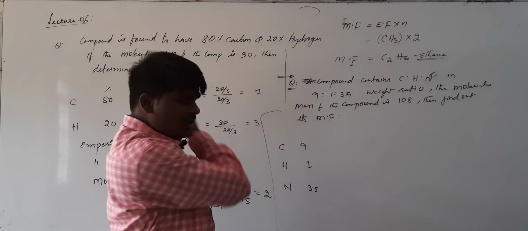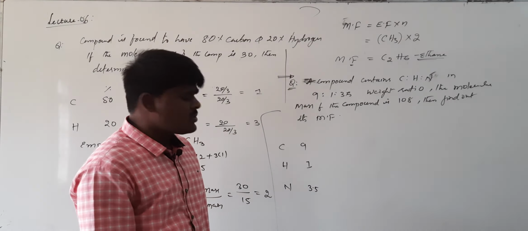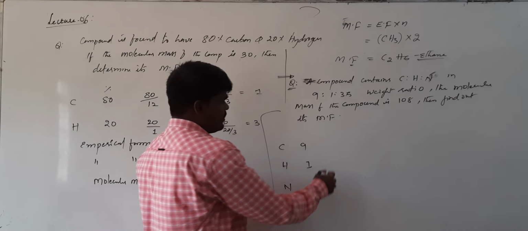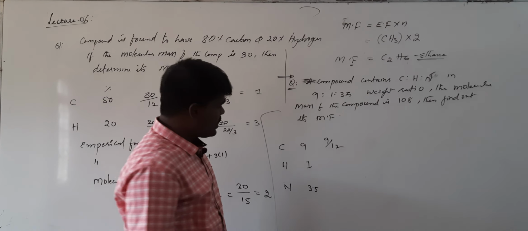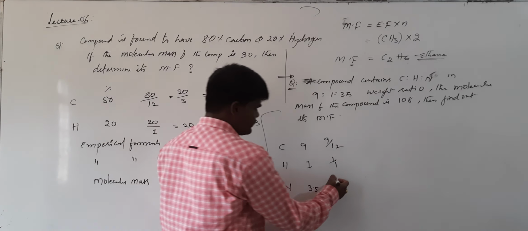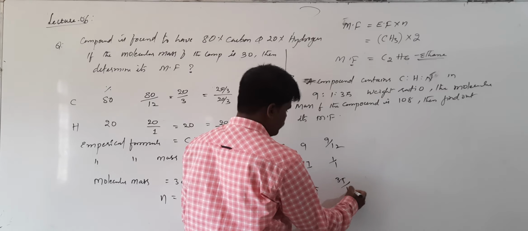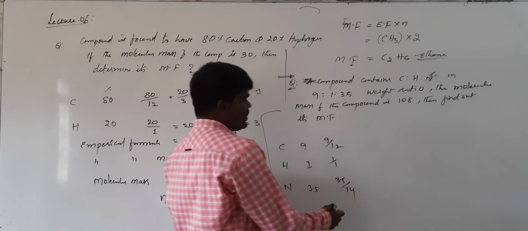So this weight ratio also has to be divided by the corresponding atomic masses to get the relative number of atoms. Divide the 9 by 12, because the atomic mass of carbon is 12. Divide the 1 by 1, the atomic mass of hydrogen is 1. Divide 3.5 by 14, because the atomic mass of nitrogen is 14. Now what will you get here?